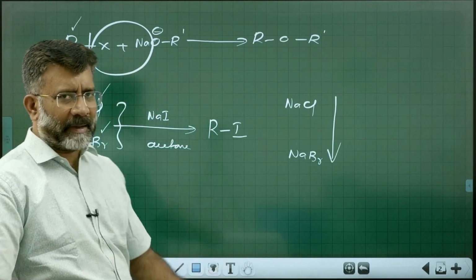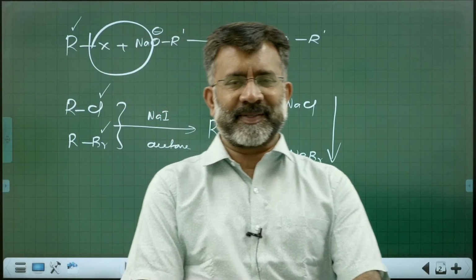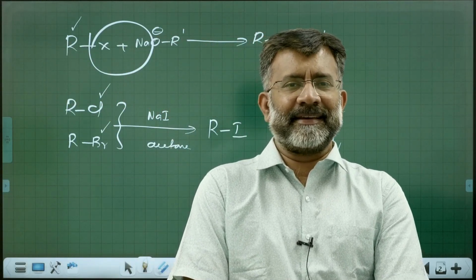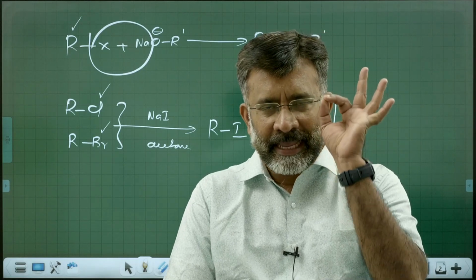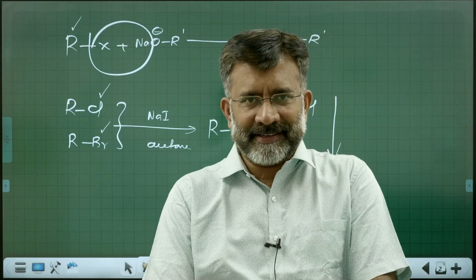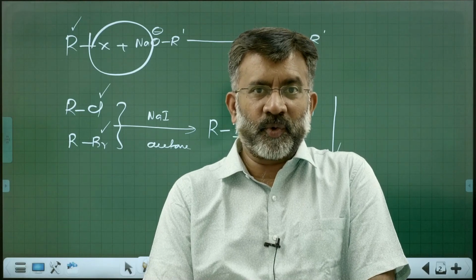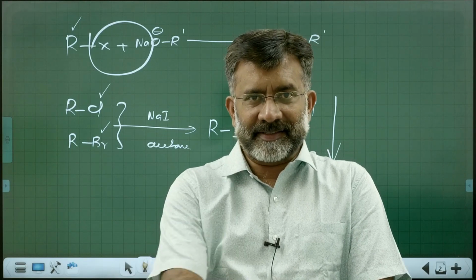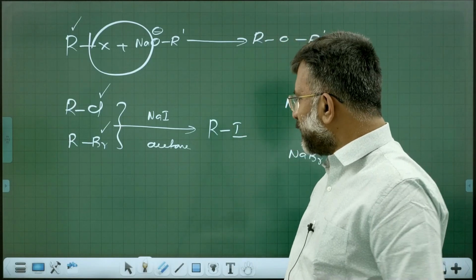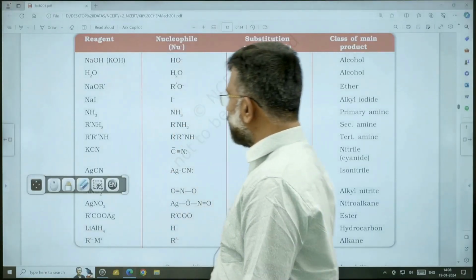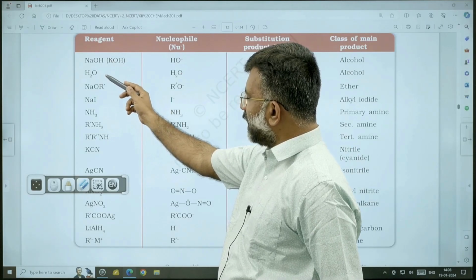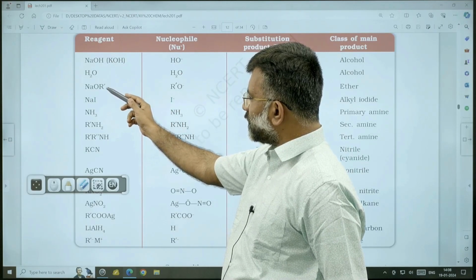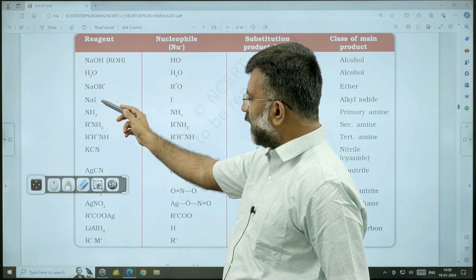This is the Finkelstein reaction, a halogen exchange reaction, along with the Swarts reaction, discussed a few minutes back. So that is number 4. Number 1 is with NaOH or KOH, number 2 simple solvolysis, number 3 Williamson synthesis, and number 4 Finkelstein reaction.